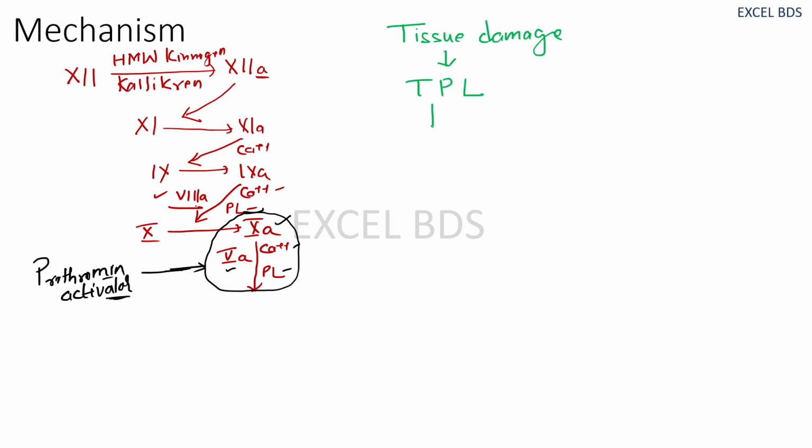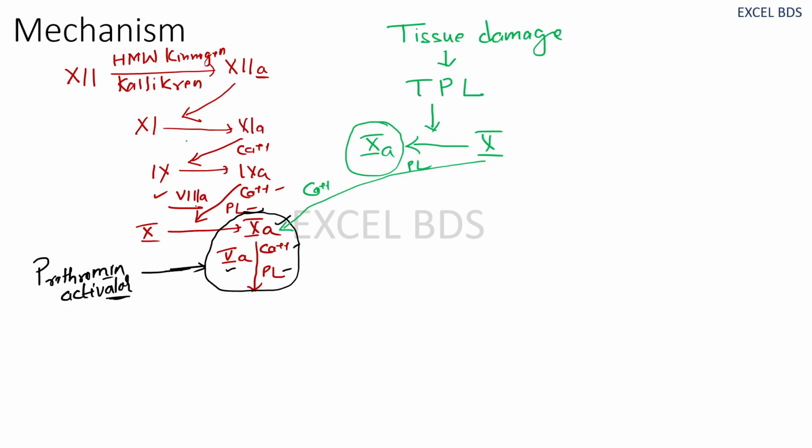Now this tissue thromboplastin is going to activate our factor 10. So here also there is activation of factor 10. So factor 10 becomes active, and here also we need the presence of calcium as well as phospholipids.